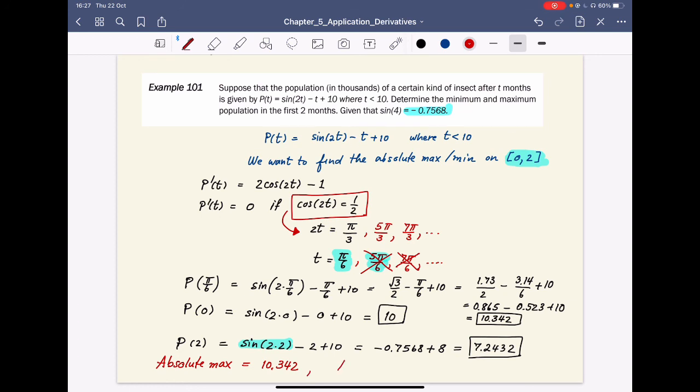And then the absolute minimum is going to be 7.2432. This is attained when x equals 2. All right, so this is the example on finding absolute max and absolute min in word problems.